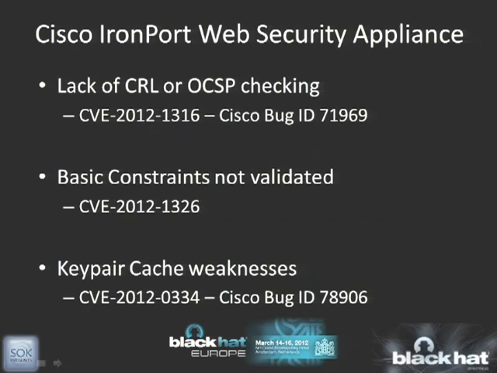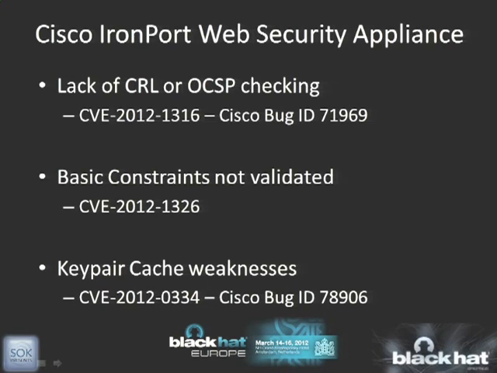They also don't check certificate revocation lists or online certificate status protocol. There is a CVE filed for that, and there's a bug ID to reference as well. So if you're able to obtain a revoked certificate, you can go on using that as if it were never revoked. Certificate basic constraints aren't validated, so that's kind of scary. Anybody with a valid certificate under a trusted CA can use that certificate to sign other certificates, and they'll validate just fine.